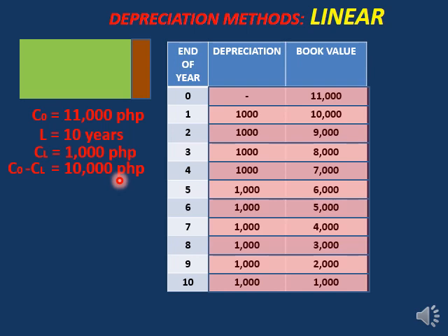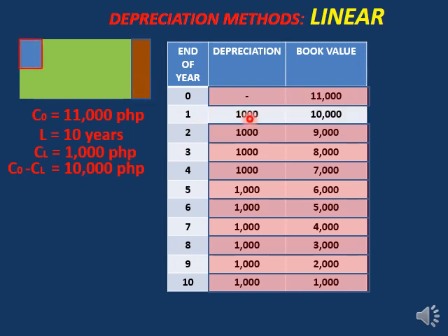Okay, let me illustrate why. At year zero, that is now, the cost of the phone is 11,000 pesos. It has not depreciated yet because we have just bought the phone now. So the book value, or the price of an asset at any period, is 11,000 pesos. Now, a year later, a portion of the services has depreciated.